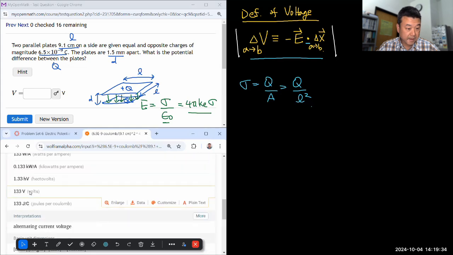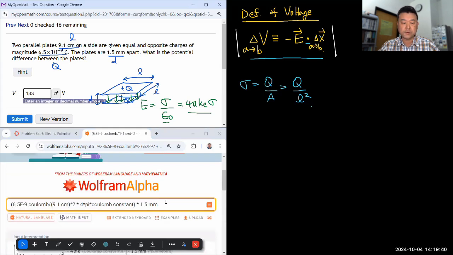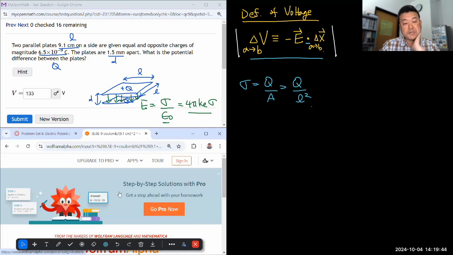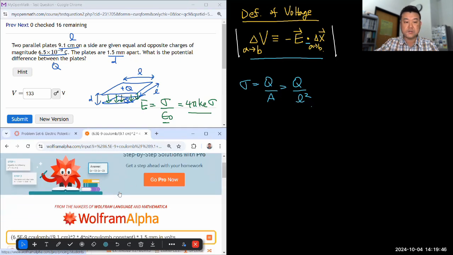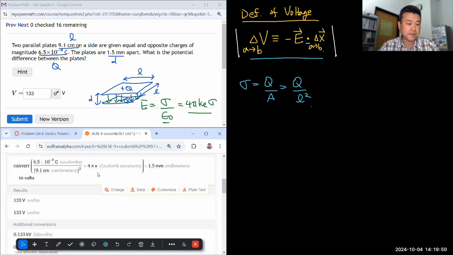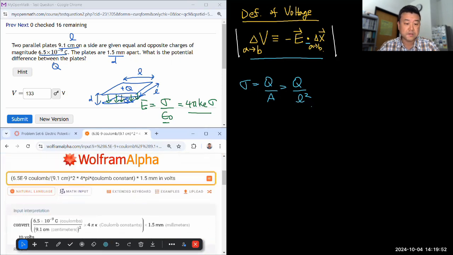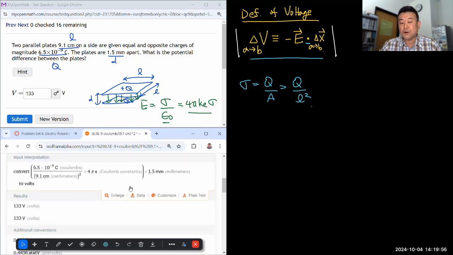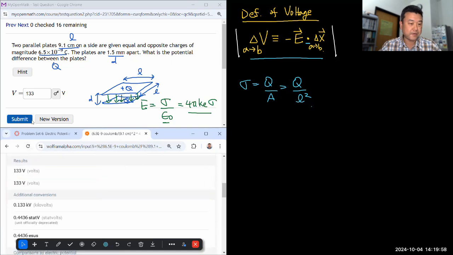Then I have something in volts, 133 volts. And if it didn't give it to me in volts, then I would say in volts. Sometimes when Wolfram Alpha doesn't give it in units that you were expecting, it could be because you missed something, like maybe instead of Coulomb constant, you put in electric constant, then your unit will be wonky, it won't come out in volts. So 133.